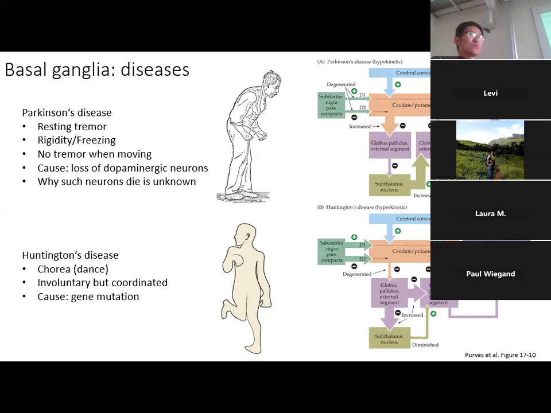Even if you don't want to move, it just excites the cortex and you move. That's why you always see this dancing effect. They move their limbs involuntarily, but they are still coordinated, probably because the cerebellum is taking charge of this. The cause has been identified as a gene mutation in these patients.